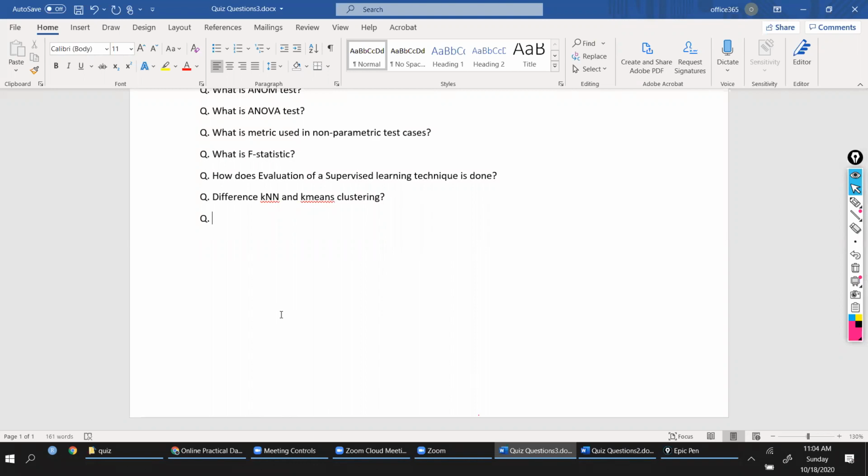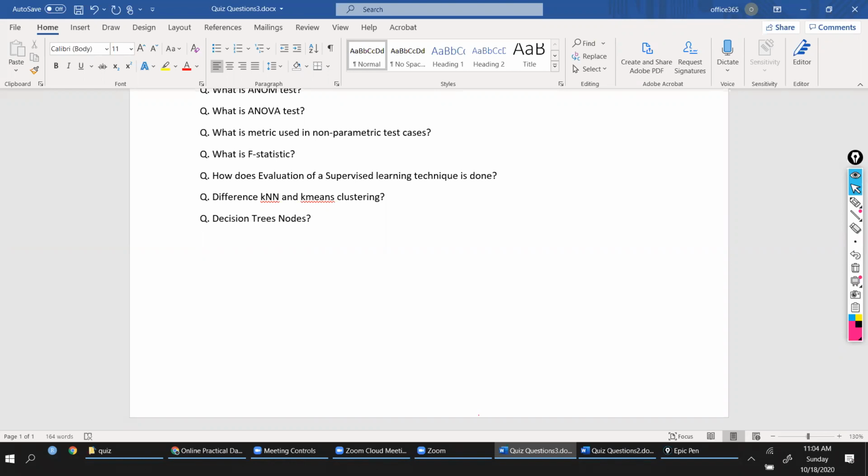What all the nodes do we have in decision tree? Very good. 3 nodes. There are 3 nodes in decision tree, isn't it?